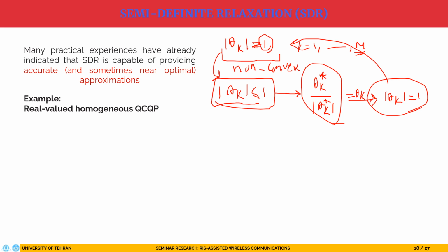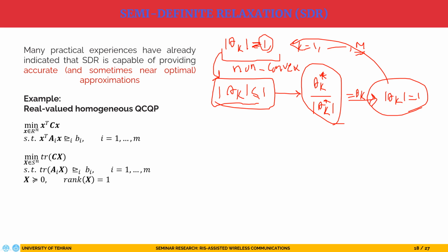I have another example here, which is a real valued homogeneous QCQP problem. Suppose we want the minimum of x transpose C x subject to x transpose A_i x greater than b_i. Okay, this term is 1 by 1, so it is equal to the trace.